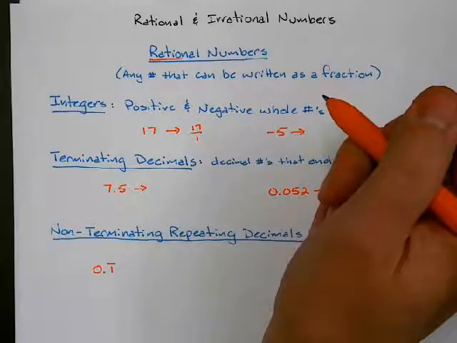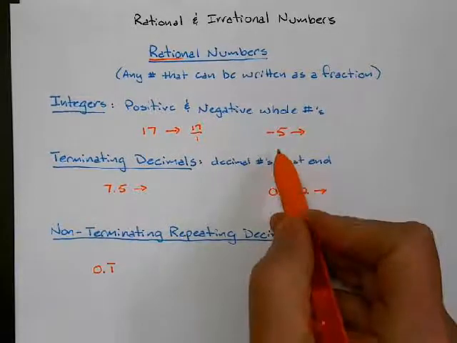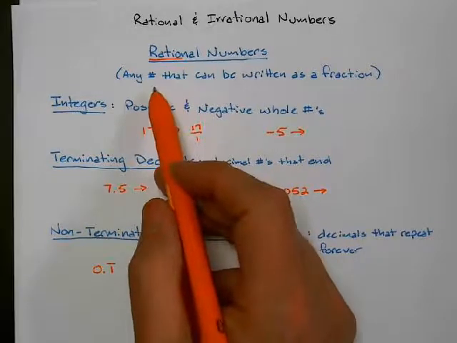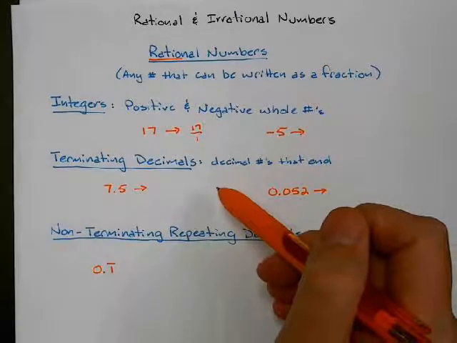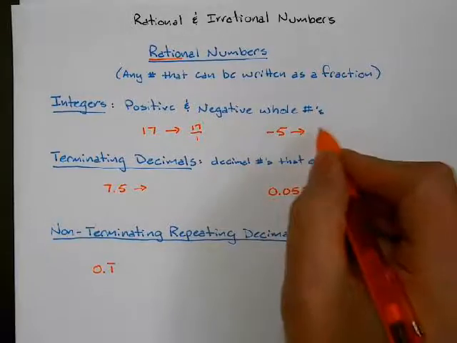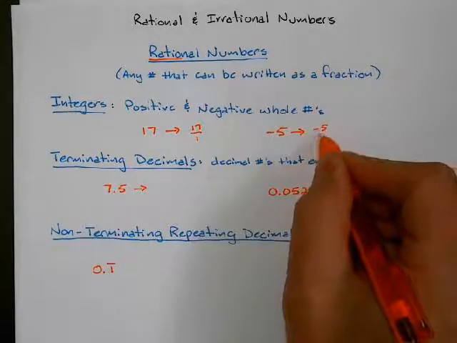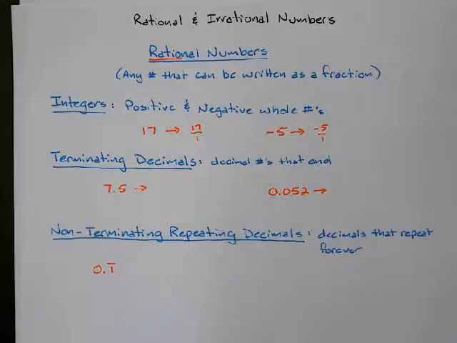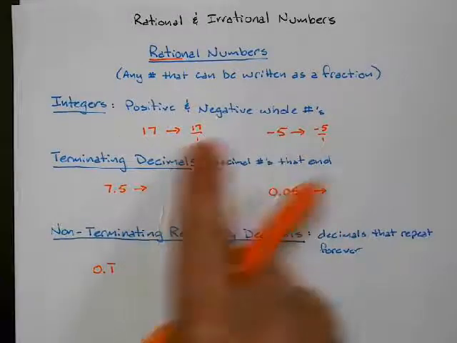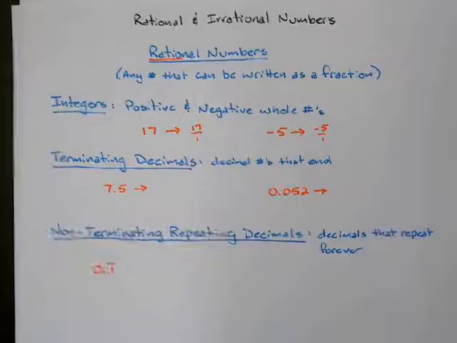Ratio means fraction. I mean, it doesn't literally mean a fraction, but basically it denotes it's going to be a fraction. So negative 5 can also be written as a fraction, negative 5 over 1. So our integers, which are positive and negative whole numbers, you can always just put them over 1, and that proves that it is a rational number.